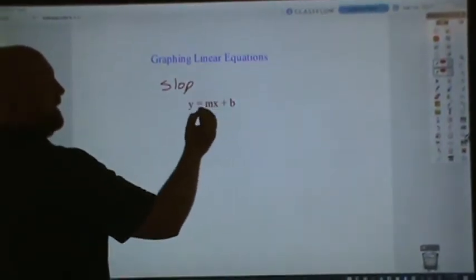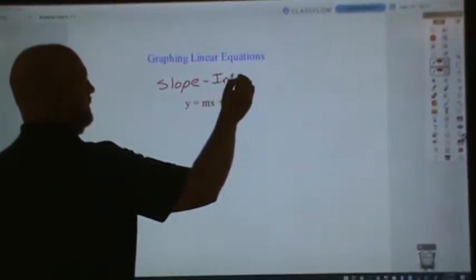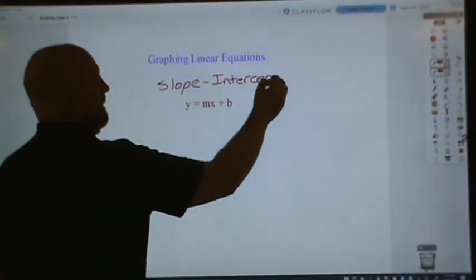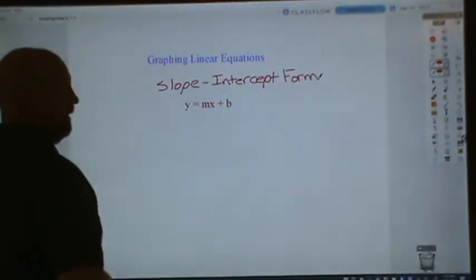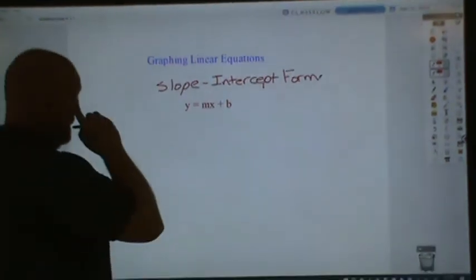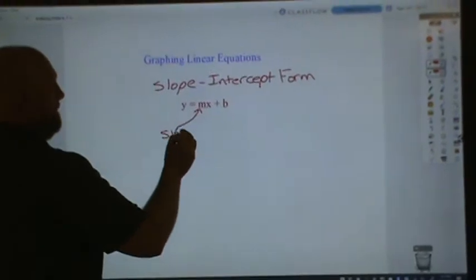This y equals mx plus b is called slope-intercept form, because it tells you both the slope of your line and the y-intercept of your line. So the m right here stands for slope.